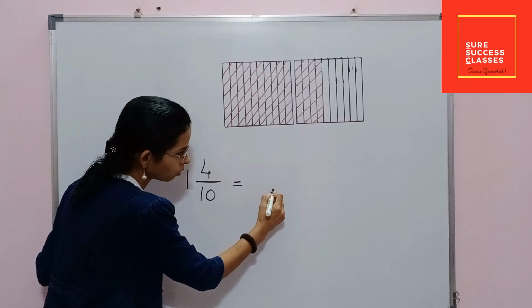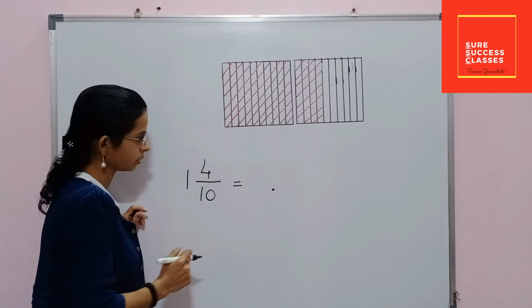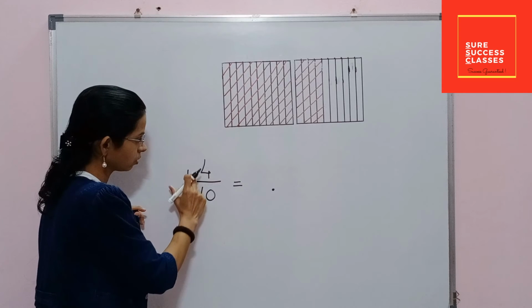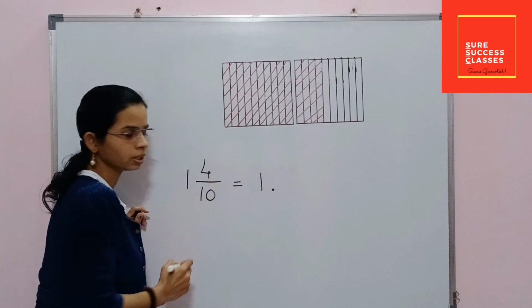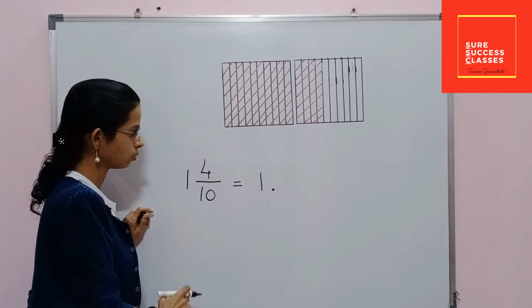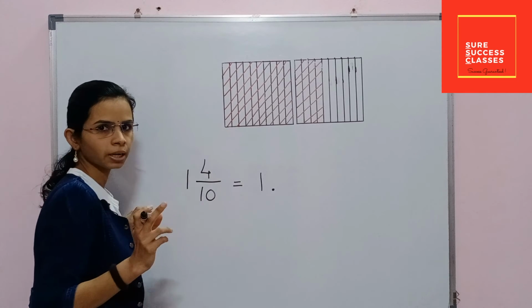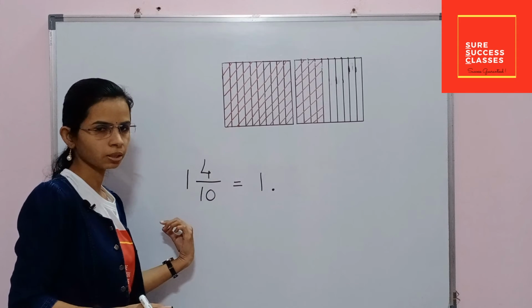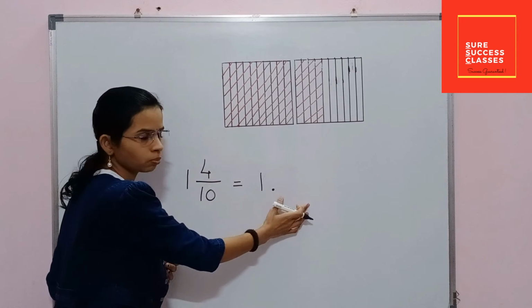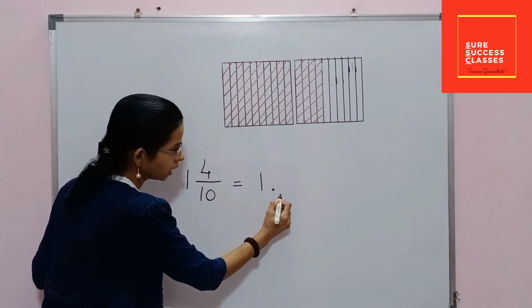Before the decimal point we write the whole number, and here the whole number is given, so we will write 1 before the decimal point. And you should keep in mind, we always write the whole number before the decimal point, and after the decimal point we write the 10th place.